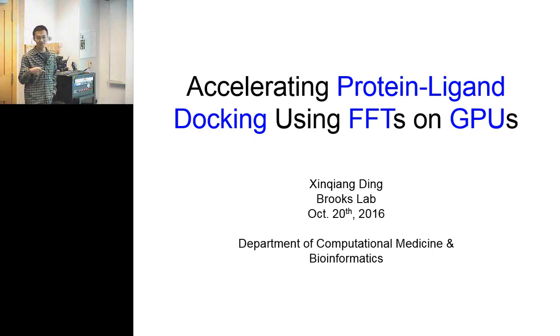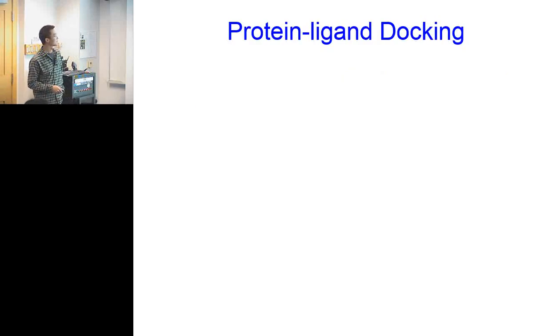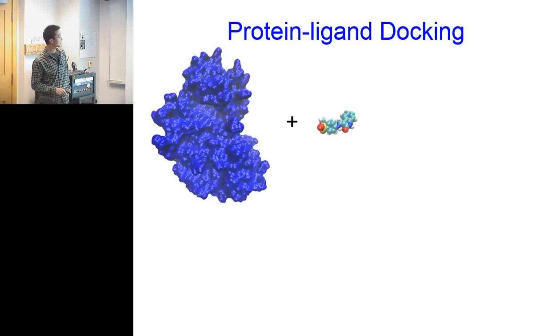Before I dive into the details, I want to give you some background because even though we are in the same department, we sometimes don't know too well about what other people are doing. So first is about protein-ligand docking. Imagine this: you have a protein and you know the structure of the protein, and you are given a ligand.